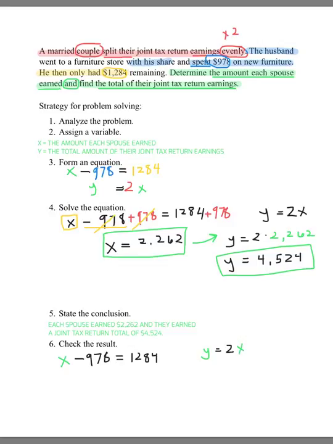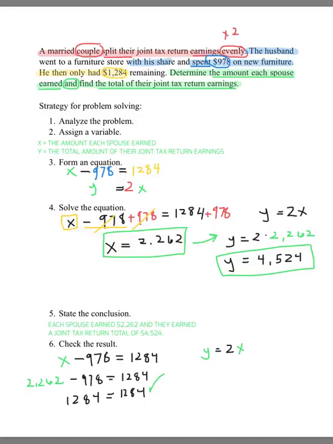Now we know the value of X is equal to 2,262, so we're going to substitute that into the first equation. We're going to subtract 978 from it, and we hope it's going to be equal to 1,284. Once we carry out the subtraction, we do actually end up with 1,284 on both sides of the equation. So this verifies that our first equation is correct.